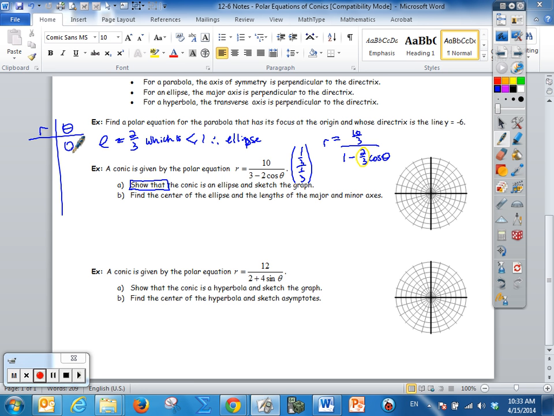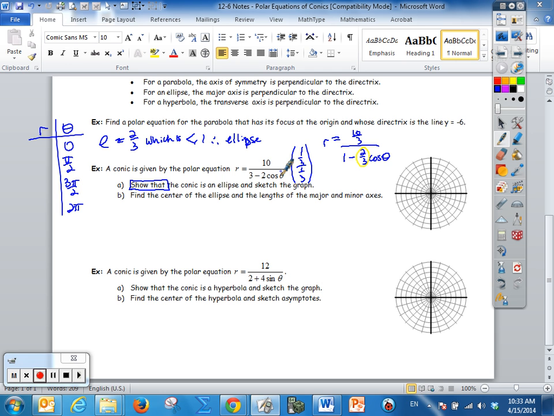You could get more points if you wanted to, but you really don't need them. You shouldn't need them. So just doing these main points should be sufficient. So what I would do is put them back in this equation that's easier to work with, this 10 over 3 minus 2. That's where I would put them.